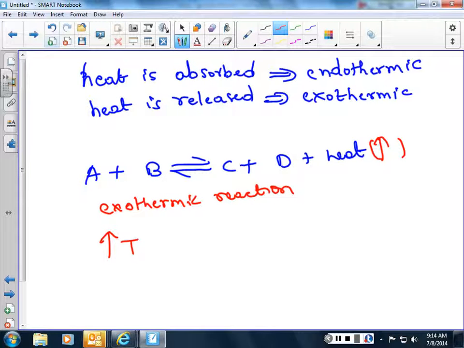They may say it's an exothermic reaction or an endothermic reaction. So you know exothermic means the heat is on the product side. Endothermic means it is on the reactant side.